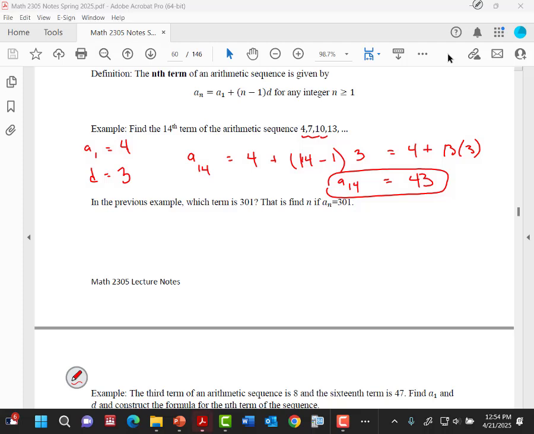Now, the follow-up question is, in the previous example, which term is 301? That is, find n if a sub n equals 301.